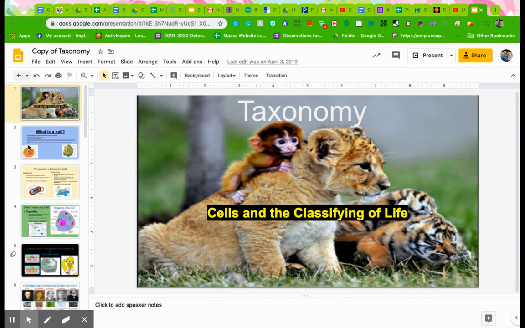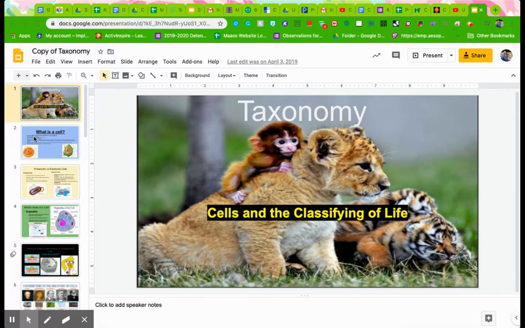Some things are only made up of one microscopic cell, and other things like us are made up of trillions and trillions of cells. For example, we have cells in our tissue, muscles, fingernails, hair, everywhere. Those cells help make up our organs and our organ systems.